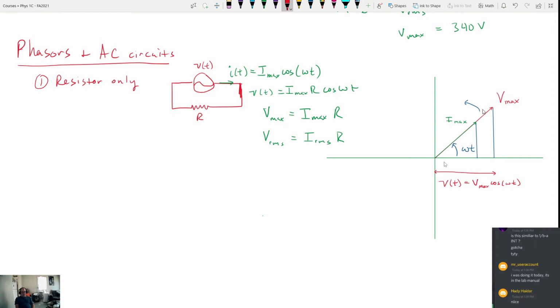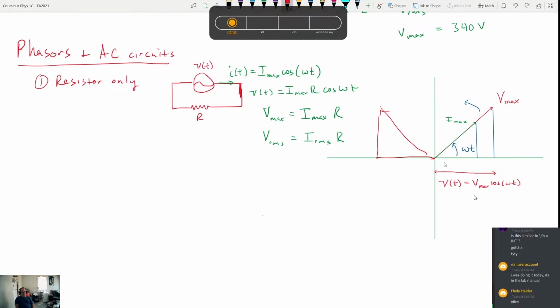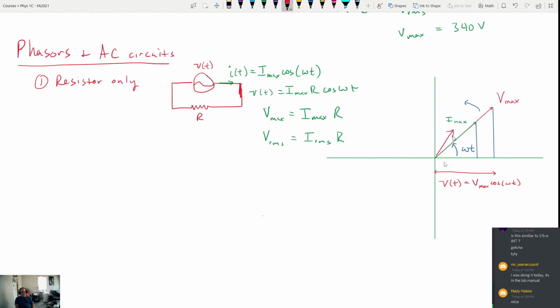And as the phasor rotates around, the length of this side here is going to get smaller until it becomes 0. And then eventually the phasor is going to point over here, and the projection on the x-axis will be this. Then it's going to keep rotating, like up like this, and then this way, and eventually it's going to be down in this quadrant.